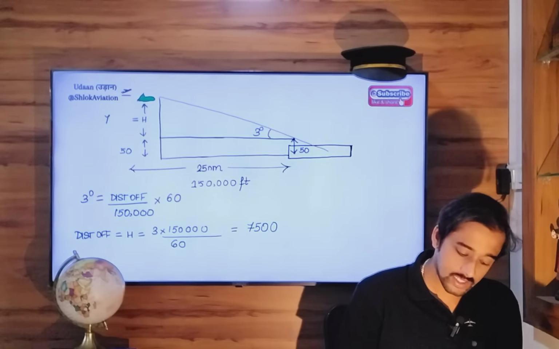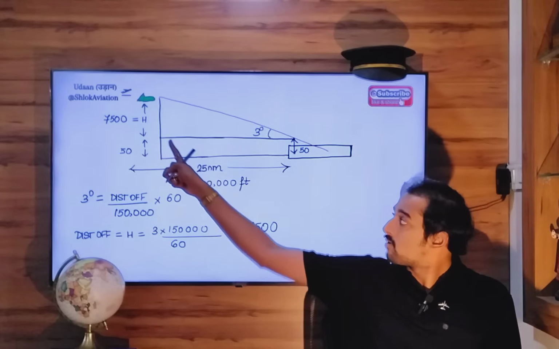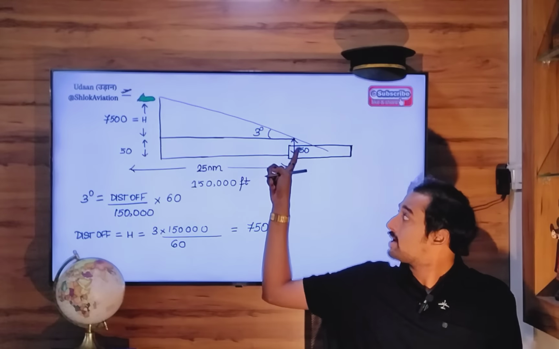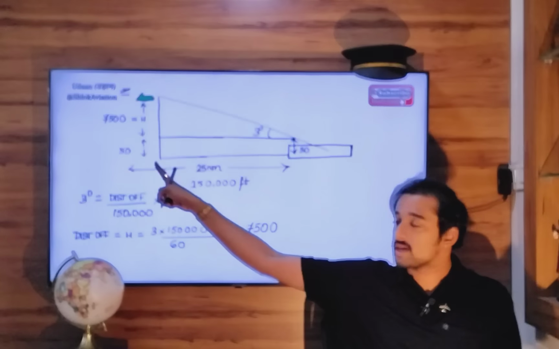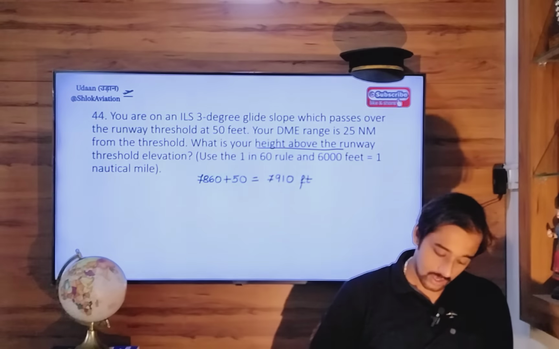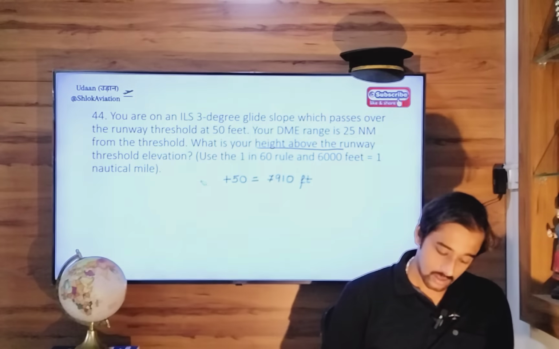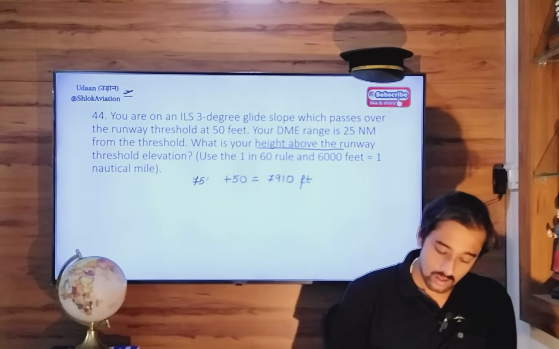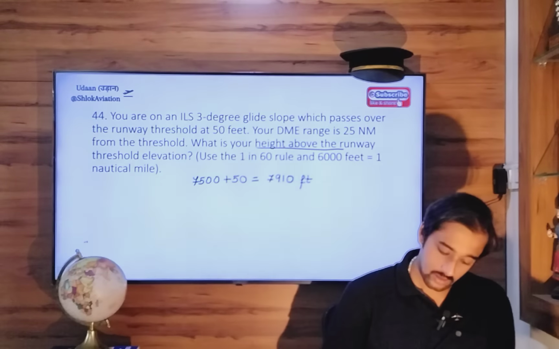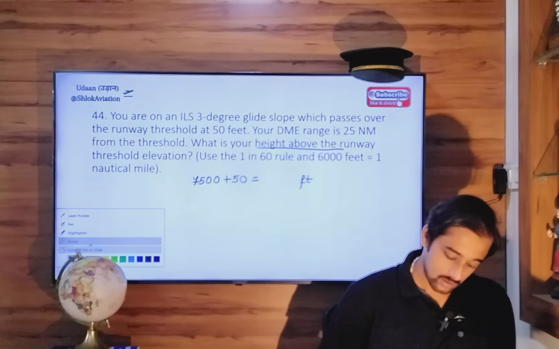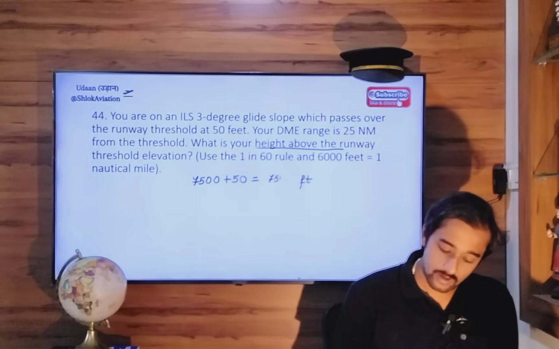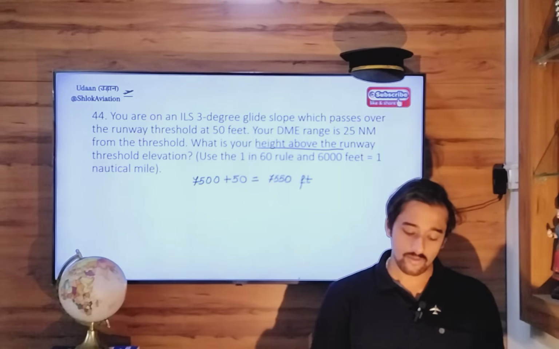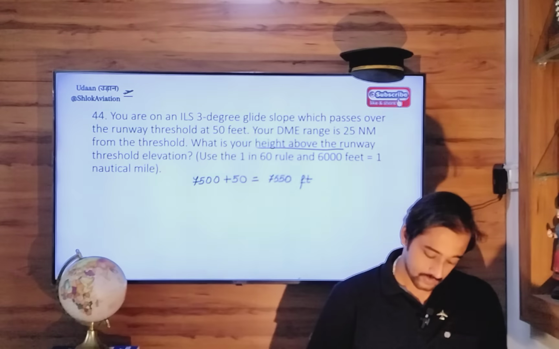So height of aircraft is 7,500 with respect to this glide slope. We have to find height from the threshold, so we add another 50. So 7,500 plus 50 is equal to 7,550 feet. So the height of aircraft above the runway threshold is 7,550 feet.